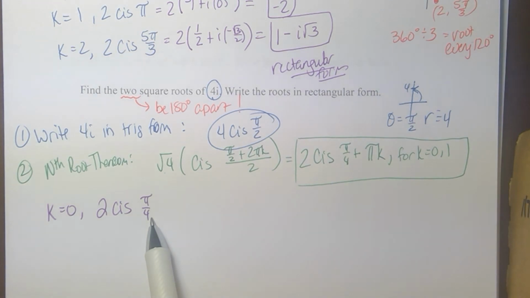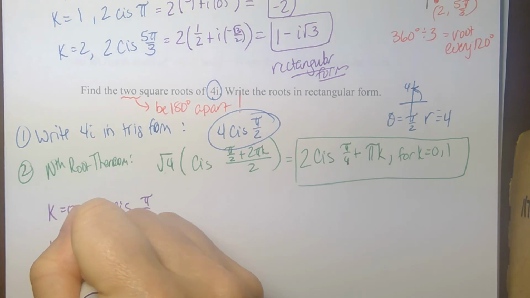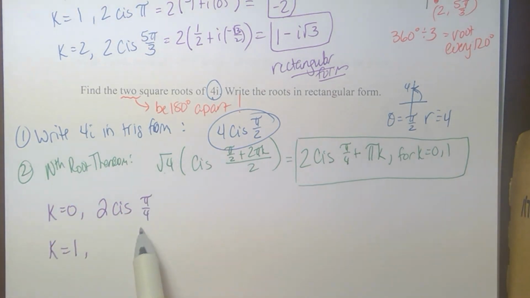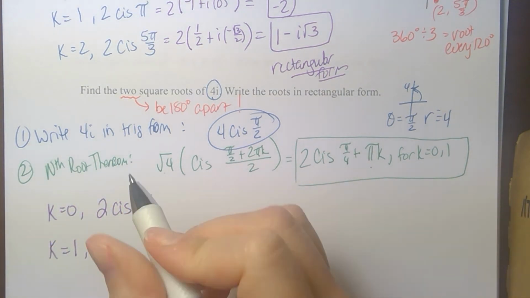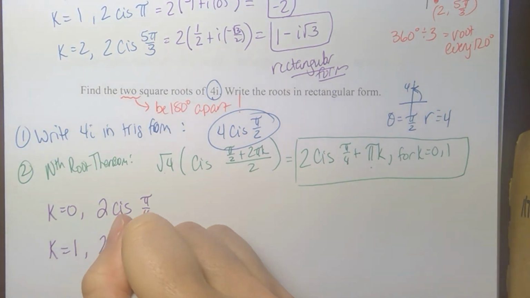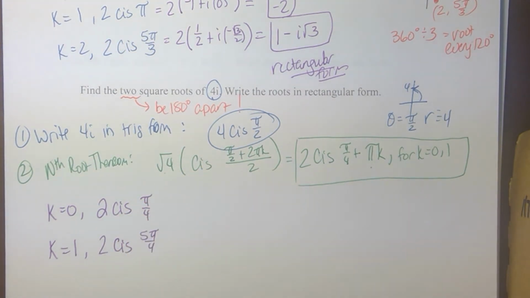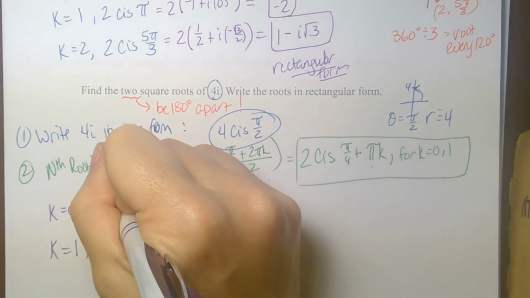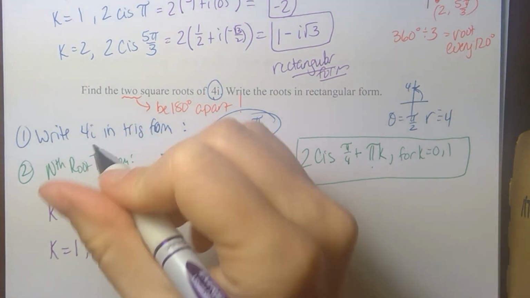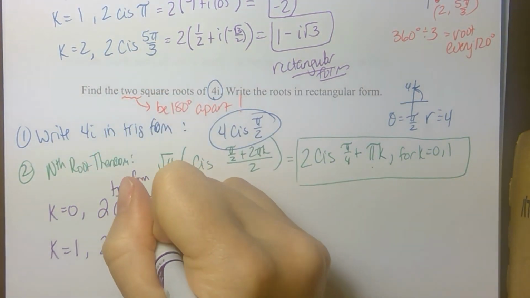The first root falls at pi fourth. The other root is going to fall a rotation of 180 degrees or pi radians away from that. So when k is 1, my second root is at pi fourth plus pi, so 2 cis 5 pi fourths. And that's my trig form of those 2 square roots.